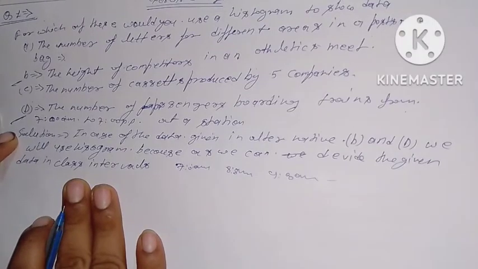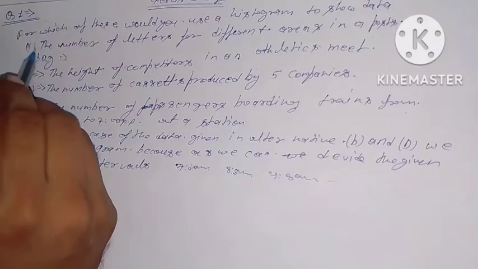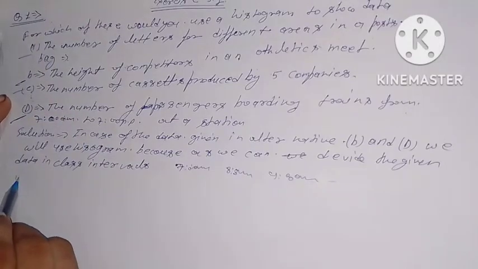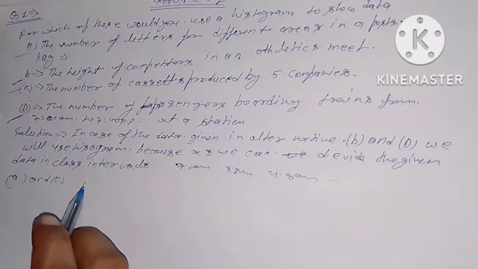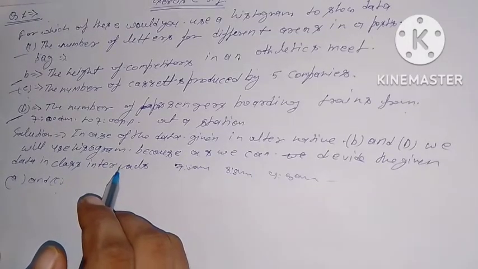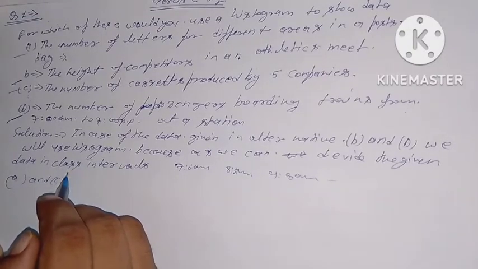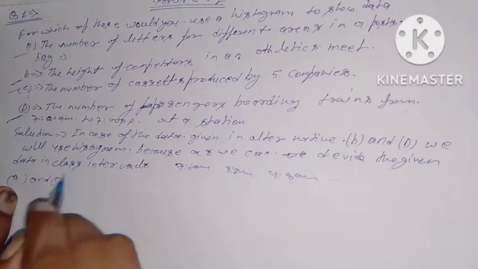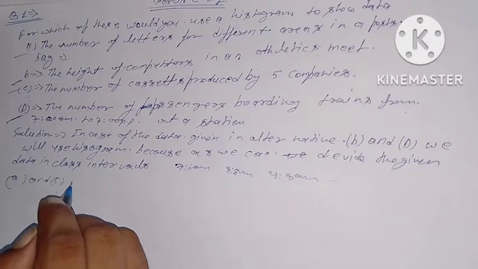And in case of alternatives A and C, we do not know about the number of letters of different areas and the number of cassettes produced by the given companies.